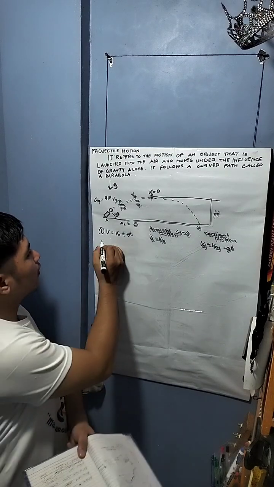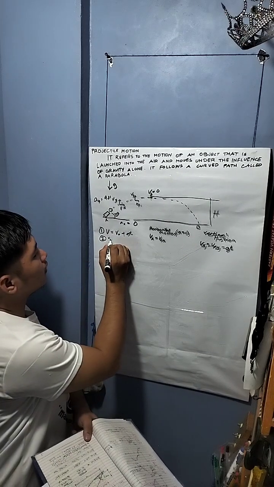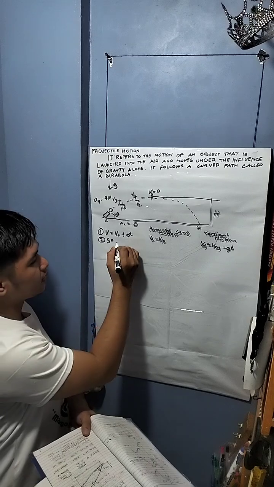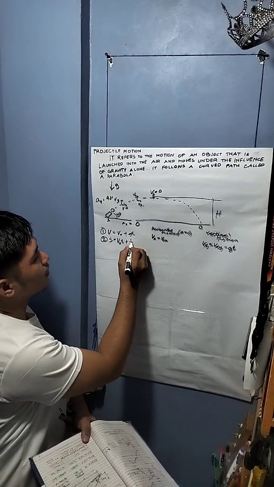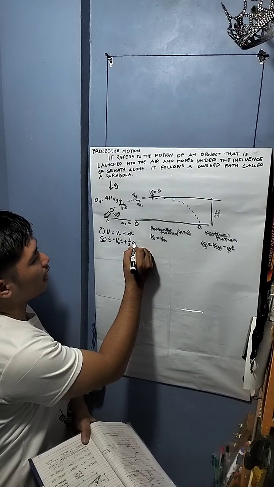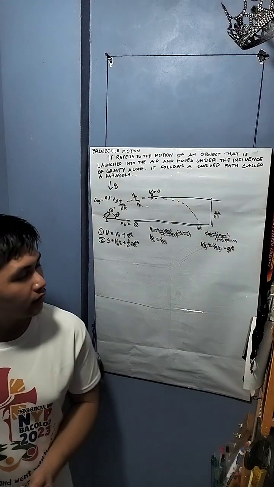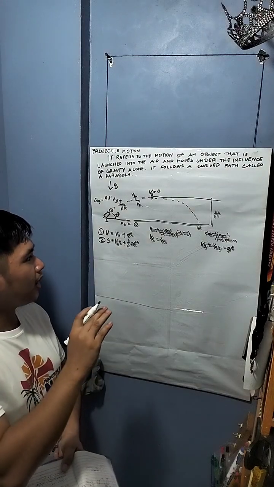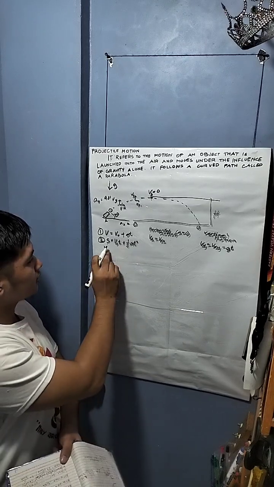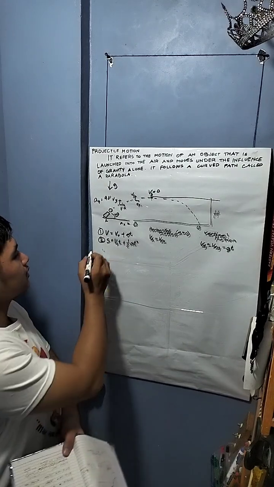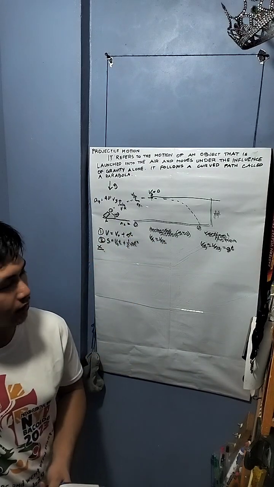Next formula, we have distance as s equals v naught times time plus 1/2 a t squared. Here we are going to substitute again and assume s as x, since we are looking for the x component.